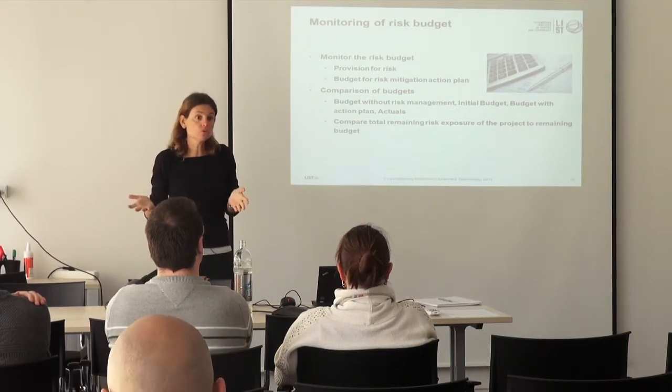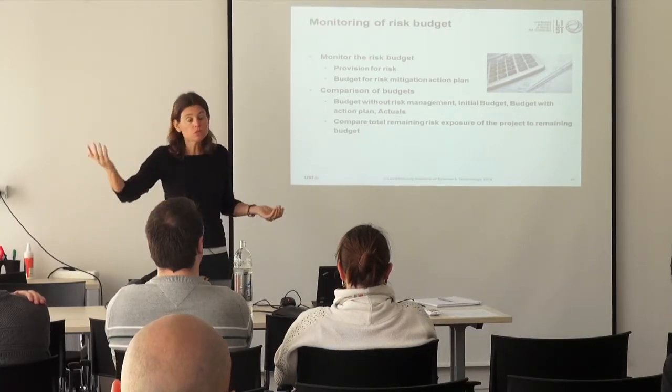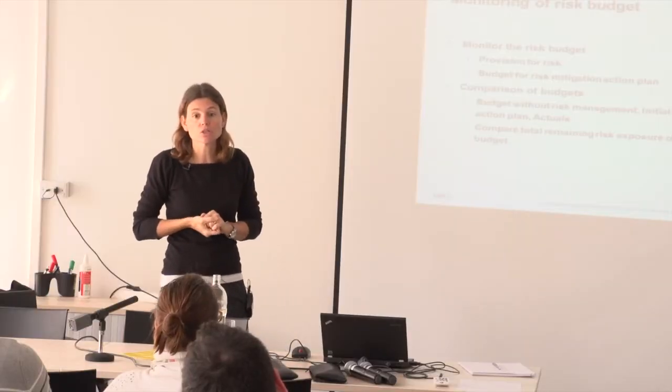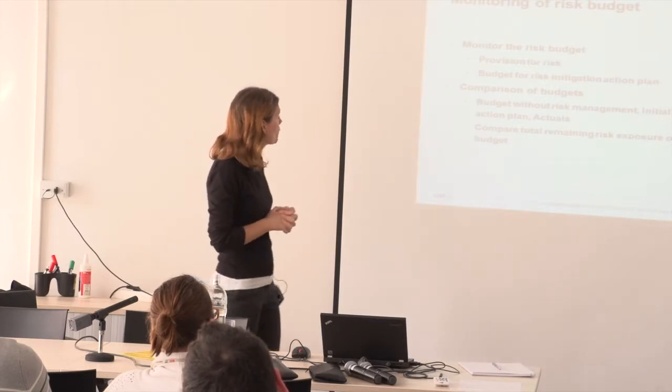Or if you don't have any money left for risks, then you need to ask somebody, the authority, to give you extra budget to treat that risk, if it's that important.